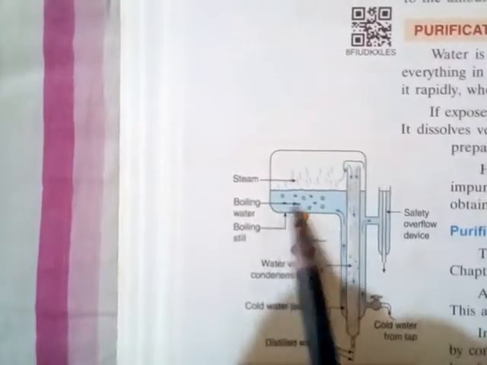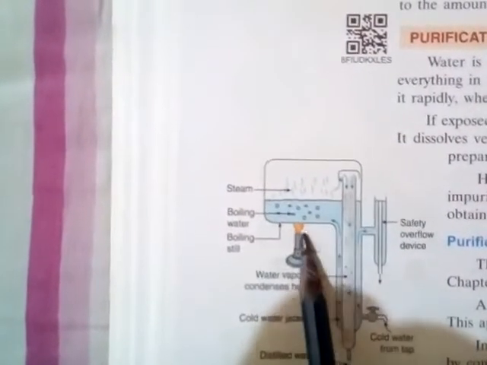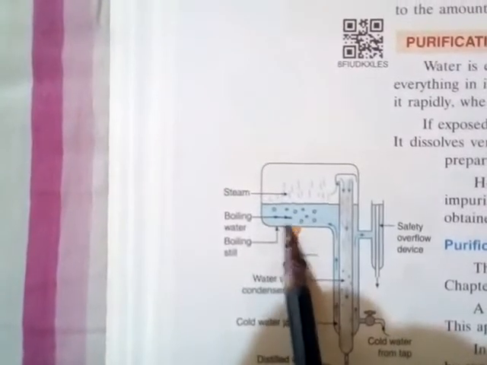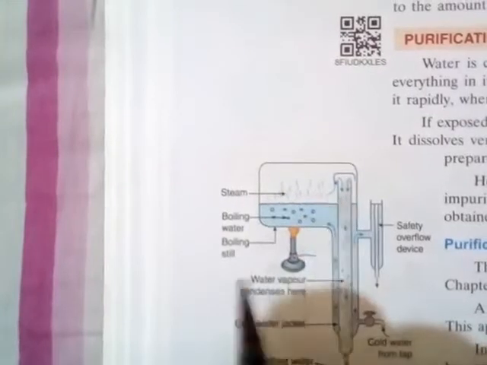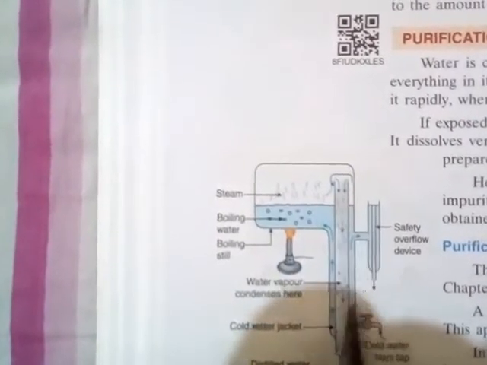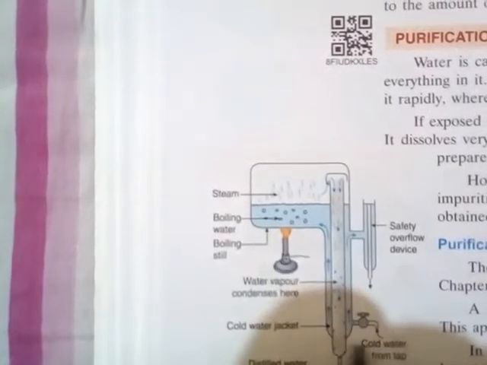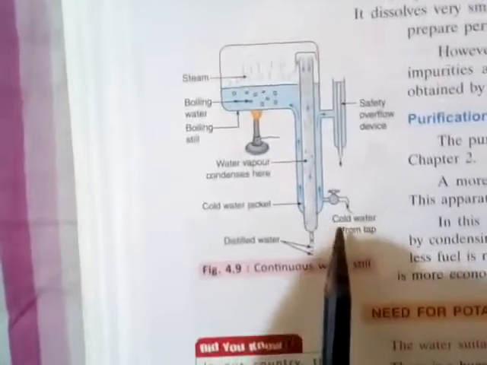First of all, the whole water is taken over here, and whenever you heat it, it forms vapors or steam, and after that the steam comes through this nozzle, and here our condenser is there, or you can say the cold water jacket is there.